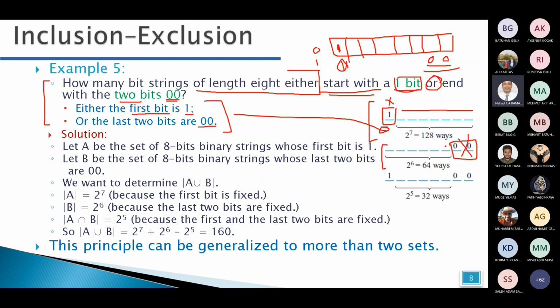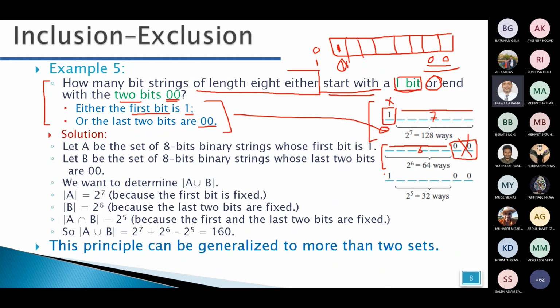What we need to calculate is how many ways to select the remaining 6 digits, because it's 8 and the 2 digits 0, 0 are fixed. When the first one is 1, we have 7 digits, so how many ways to select these 7 digits?